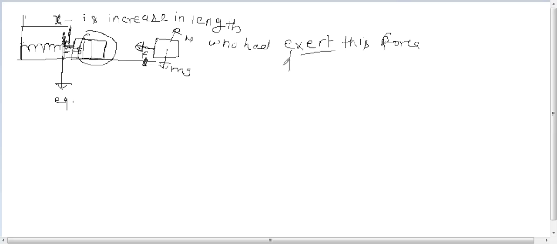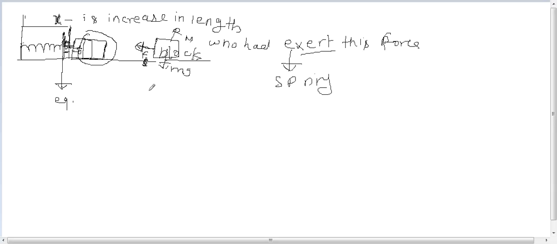The spring. So the spring has exerted a force Fs on this block. Okay, so will the block also apply a force on the spring? By Newton's third law, it should apply a force on the spring.